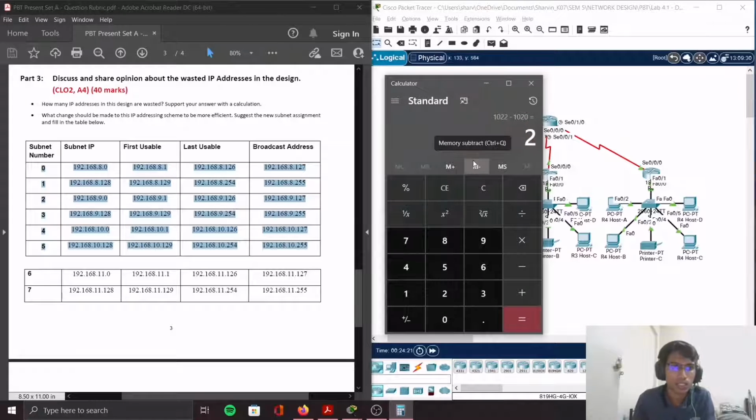That means we use the IP addresses more efficiently, because we have a leftover of only two IP addresses. This is my new subnet assignment. That's all in our presentation for the subject Network Design. That's all from me. Thank you very much.